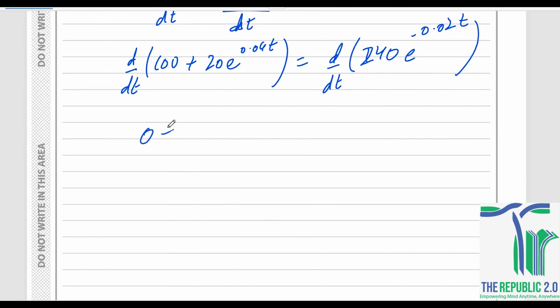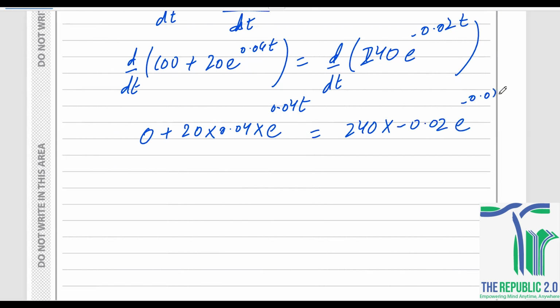It has to be 0.02, right? 20 times the differentiation of 0.02t times e to the t as it is. e to the power of negative 0.02t.